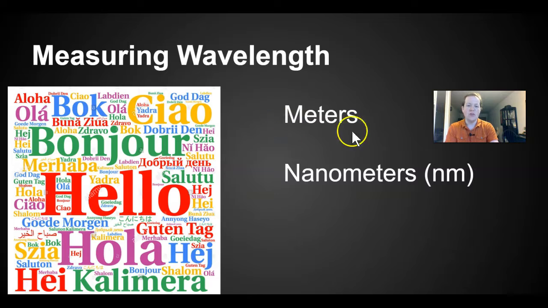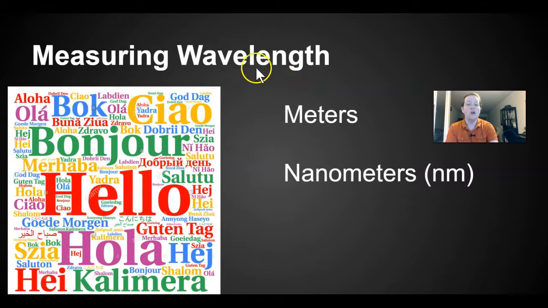In our class, we usually use meters. Remember meters? Meters are a distance about this big. These wavelengths, though, are measured in something called nanometers. Nanometers. They're very, very small. Now, this isn't very important, except it's a different way to measure distance. Just like we have meters, we have feet, we have inches, we have centimeters, nanometers, very small, just another way to measure distance.